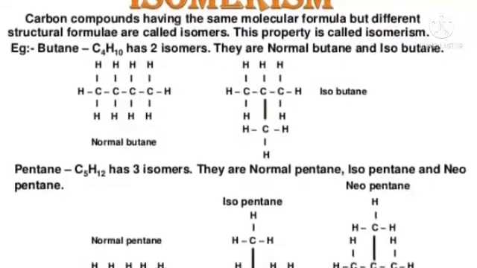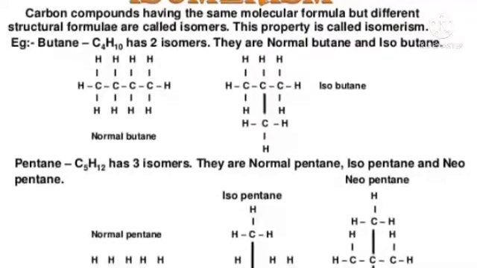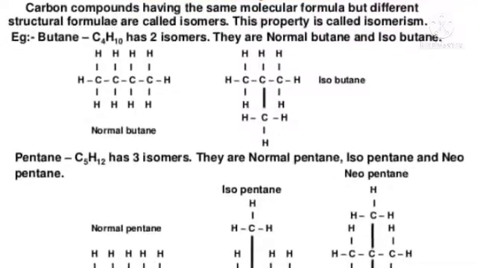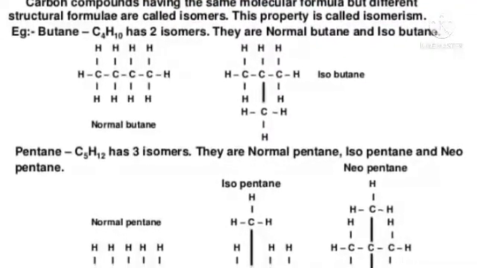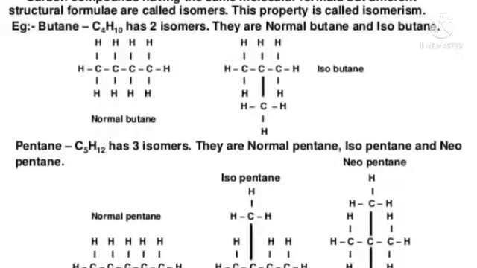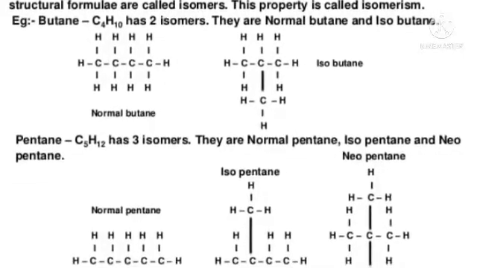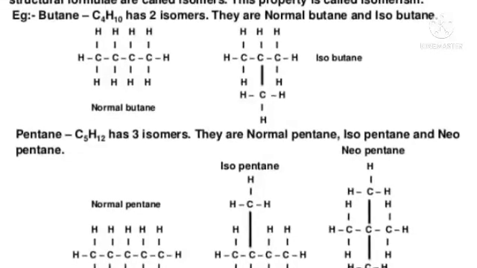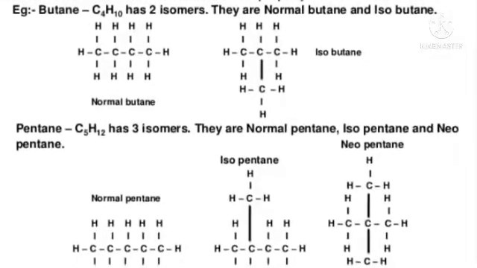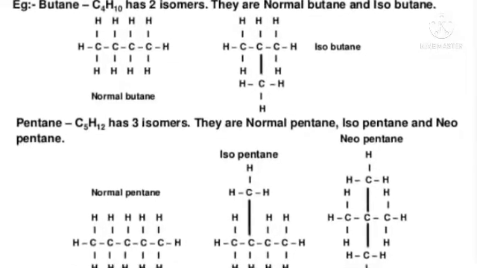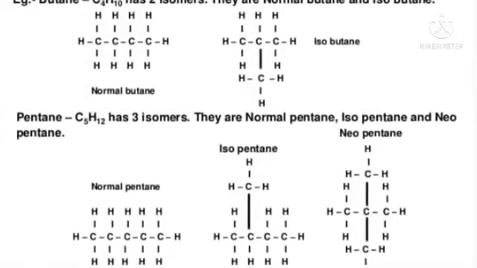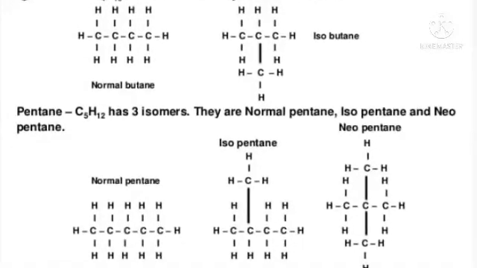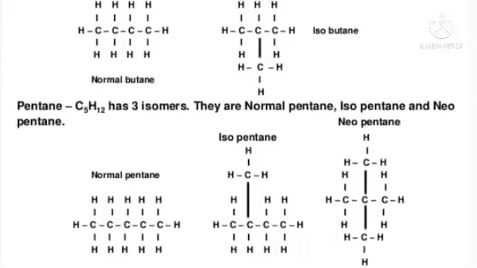It has two isomers. They are normal butane and isobutane. Second example is pentane, which is C5H12. It has three isomers. They are normal pentane, isopentane, and neopentane.